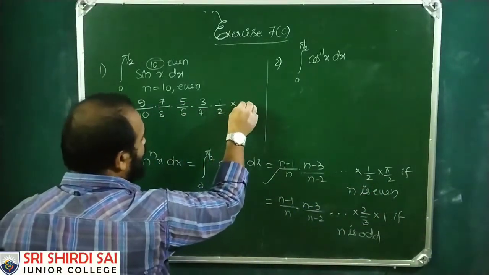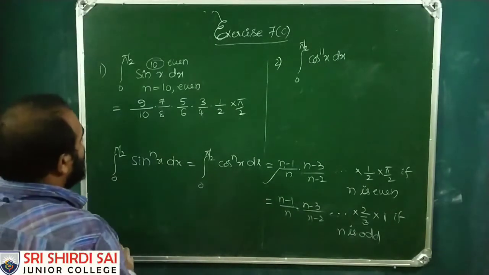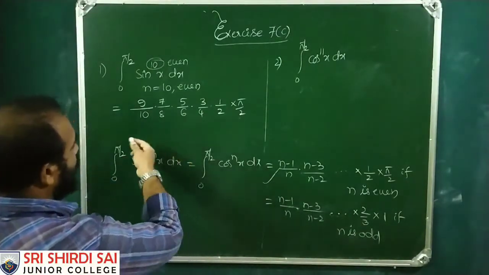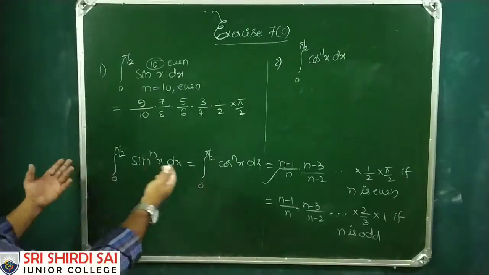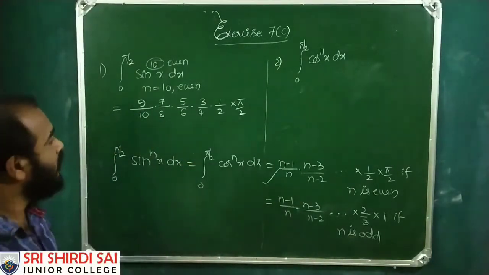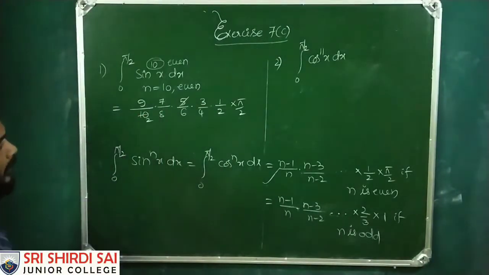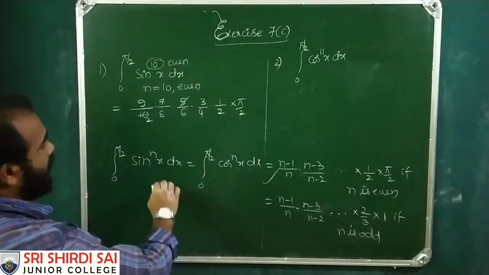Pi by 2. So that is, all you need to do is just to solve it. That's it. And this is 5 2s are 10, and that's it.